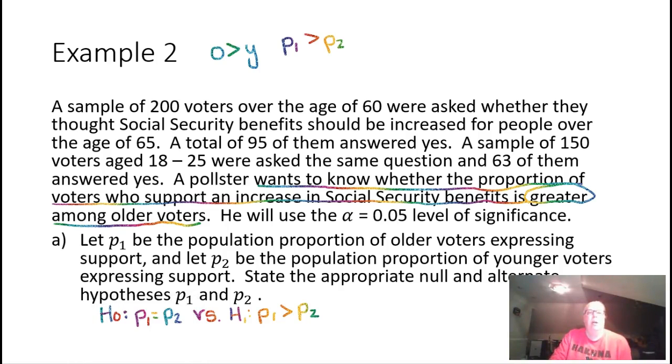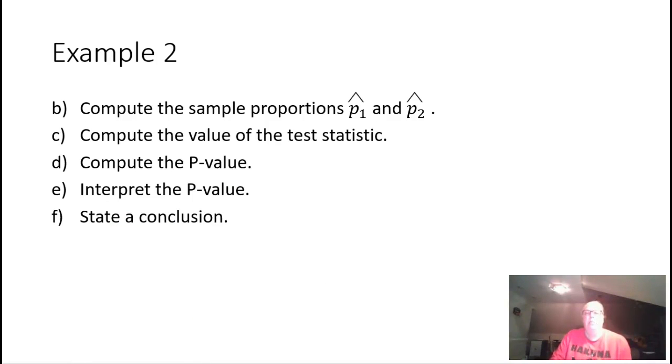All right, let's see, Part B. Now we're going to compute the sample proportions, P1 hat and P2 hat. All right, the sample proportion for P1 hat is going to be all the people over the age of 60 who are in favor of the Social Security benefits divided by all of the people who were questioned about this.